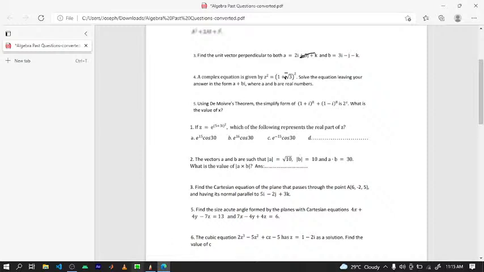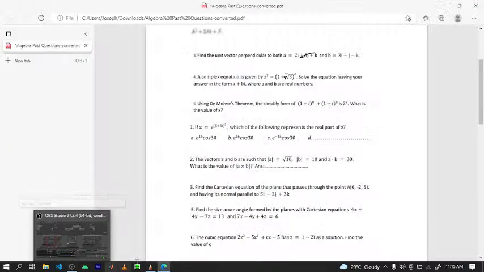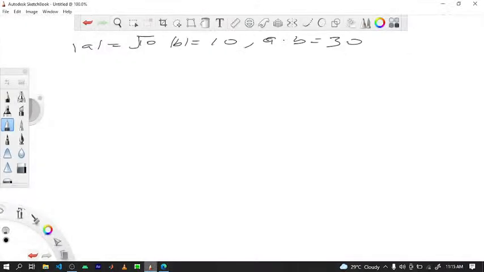All right, so let's continue. So given this, we are supposed to find the magnitude of what? A cross B. Now, don't forget A cross B is equal to what? Magnitude of A times magnitude of B sine theta.